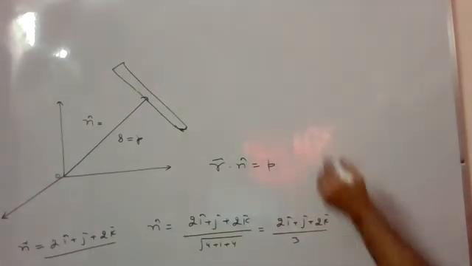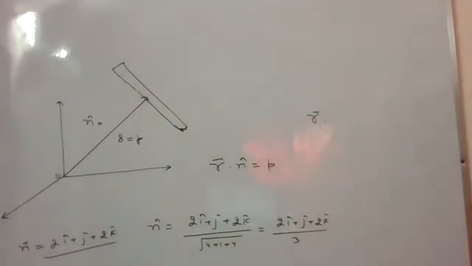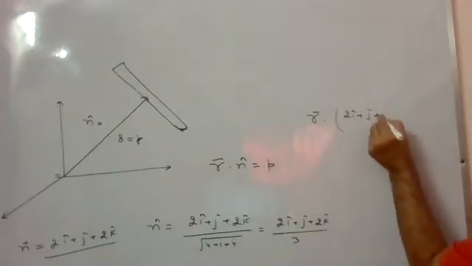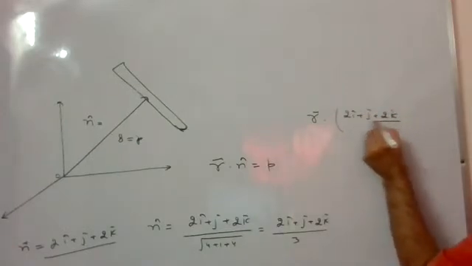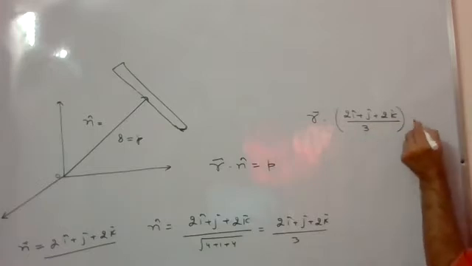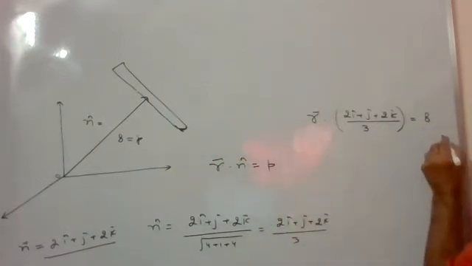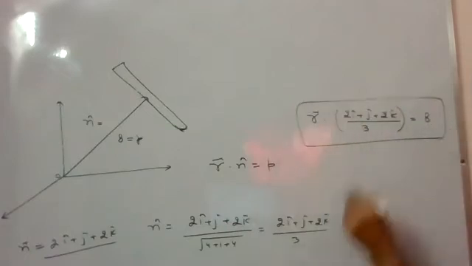So now the equation you can write r dot n cap, ये रहा n cap, 2i plus j plus 2k by 3 equal to p. P is given in the question is 8. This is the equation we have.